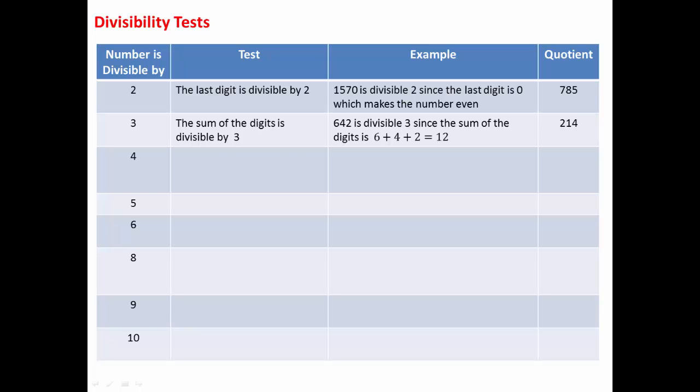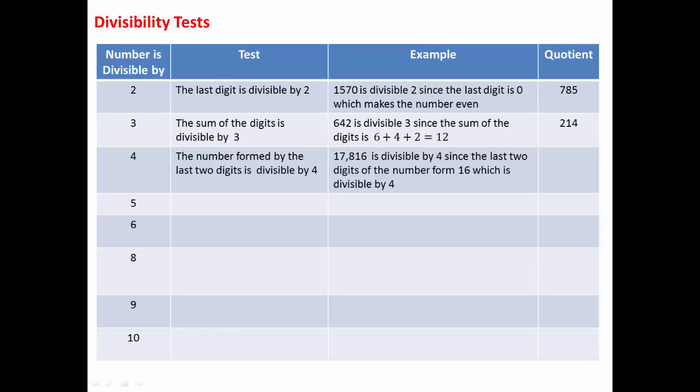A number is divisible by 4 if the number formed by the last 2 digits is divisible by 4. An example of this one, 17,816 is divisible by 4 since the last 2 digits of the number form the number 16, which is divisible by 4. When we divide 4 into 17,816, we get the quotient 4,454.